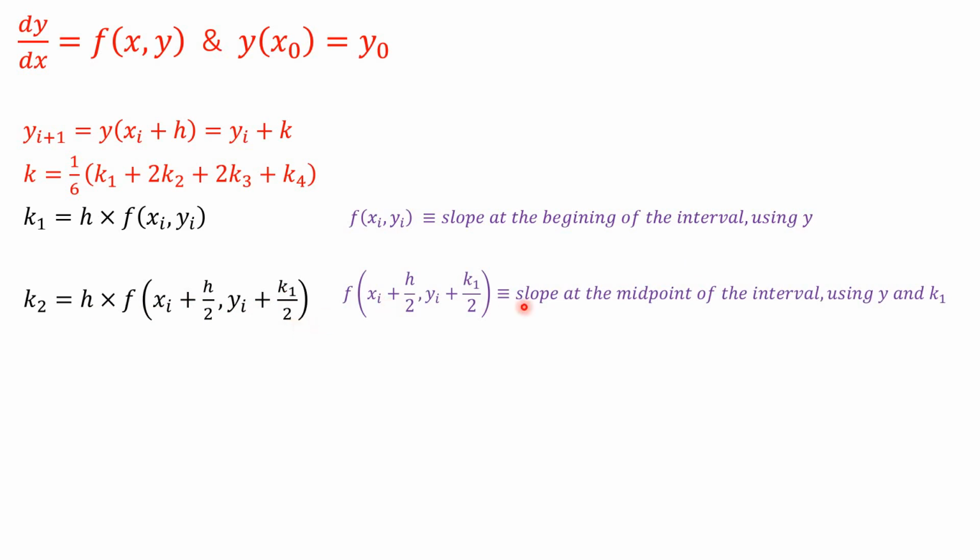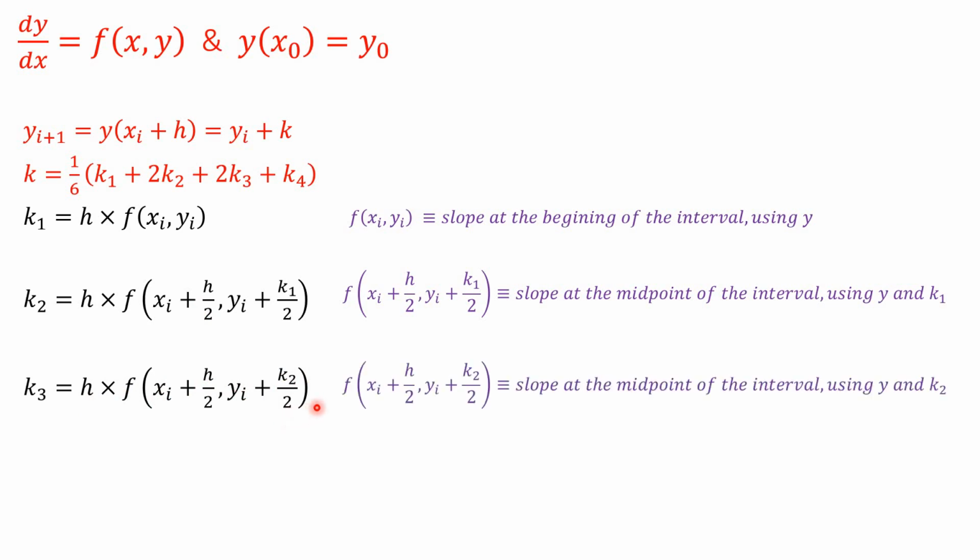This is the slope at the midpoint of the interval, using the values of y and k1. Then k3 is h times f(xi + h/2, yi + k2/2). So this is also a slope at the midpoint, but using the values of y and k2.